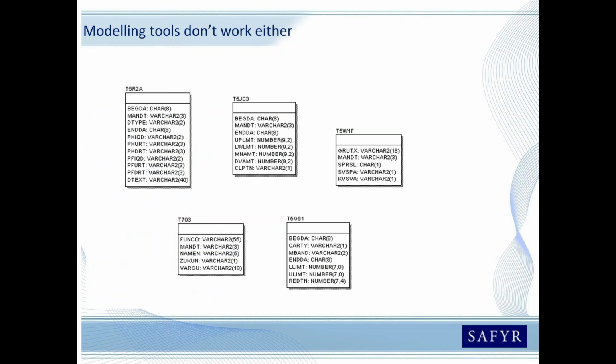People have tried to reverse engineer application databases with modeling tools, to a point that you could suggest would work, in that a modeling tool will reverse engineer a database, but without the logical information, without the information about parent-child tables, you're just going to get a number of islands of information. And I defy anyone who doesn't know what these tables actually are to be able to decipher them in any meaningful way.